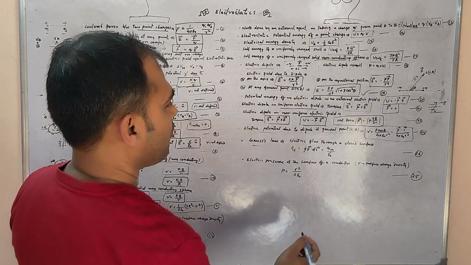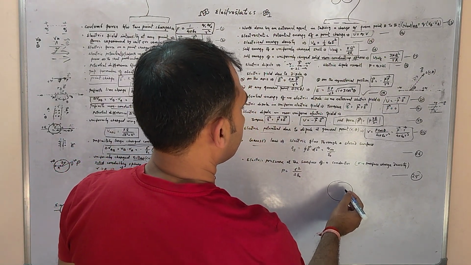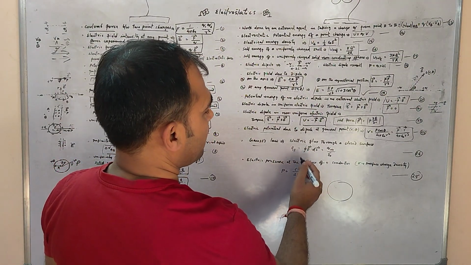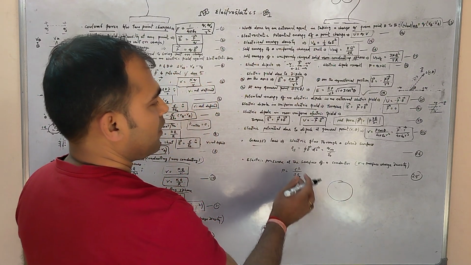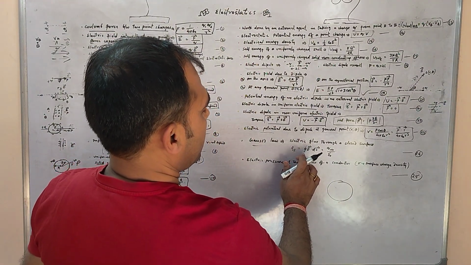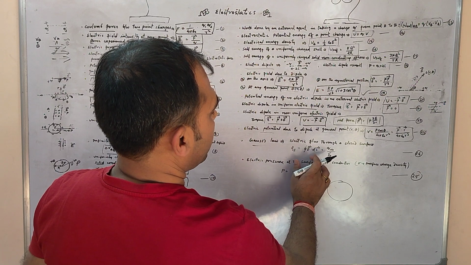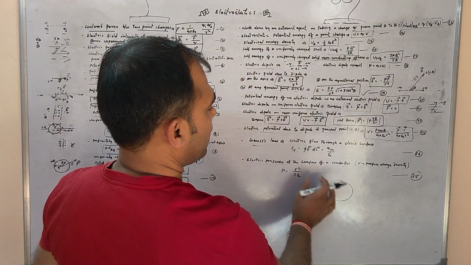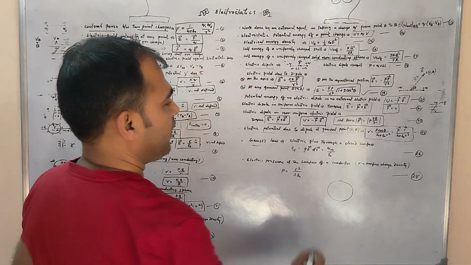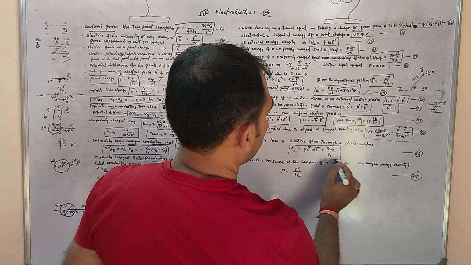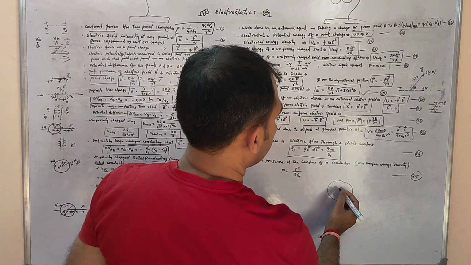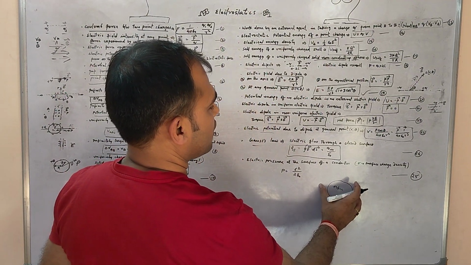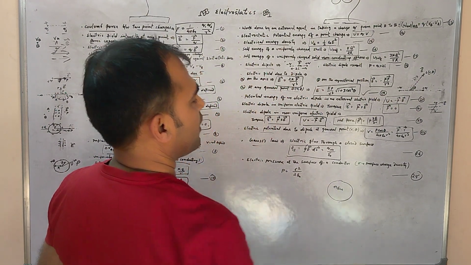Then Gauss's law, what does it say? Electric flux passing through any closed surface, the closed integral of E dot ds, that is the total electric flux passing through any closed surface, will be equal to total Q inside this closed surface divided by epsilon naught.